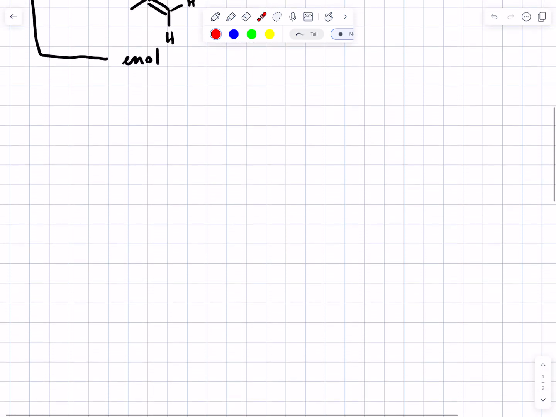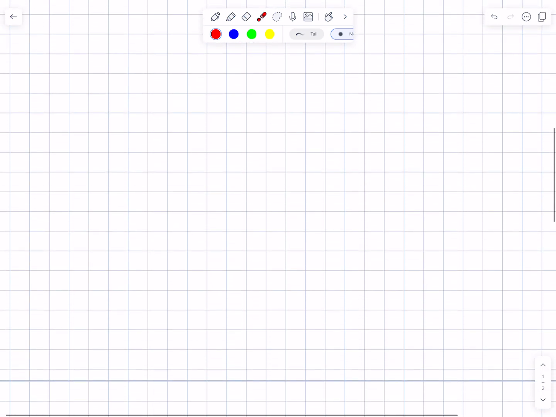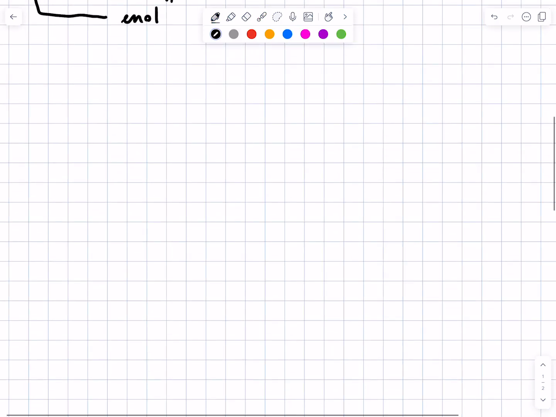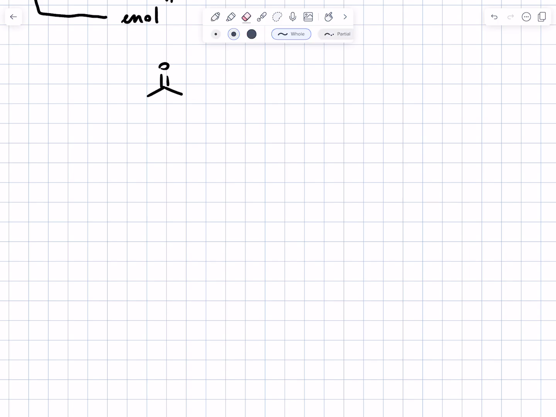So let's write down a list of carbonyl compounds that we've dealt with so far, going from least reactive. Since we're thinking about removing alpha protons, we'll start with neutral molecules. Let's start with an amide. Amides are among our least reactive carboxylic acid derivatives.